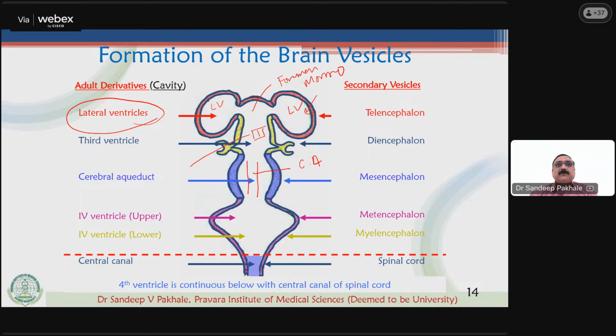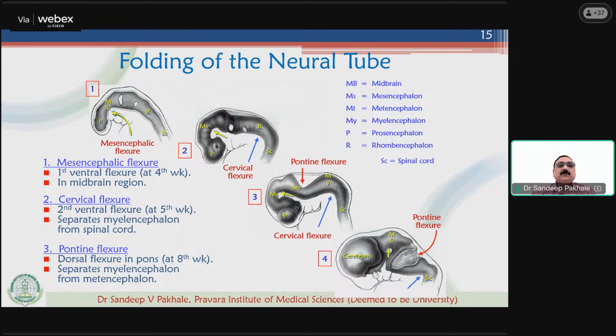So now, folding of the neural tube. In this slide, we can see folding of the neural tube, which is responsible for the characteristic shape of the brain. And these foldings form the flexures of the brain. First is the mesencephalic flexure.